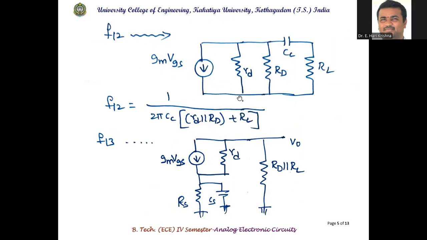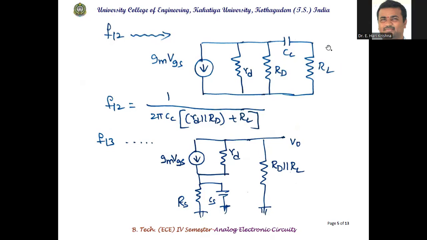So here the resistance is rd plus RD. This is a Thevenin's equivalent circuit. Again, replace it with a Norton's equivalent circuit. rd plus RD is the resistance, which will become series. So F12 is 1 by 2 pi CC (rd plus RD plus RL).